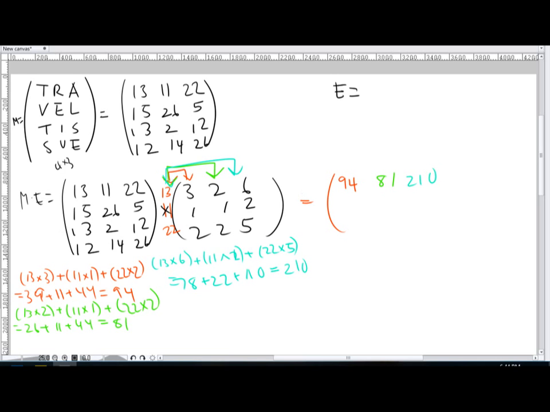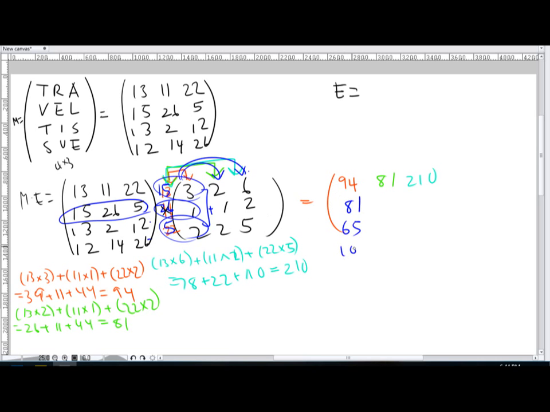Okay, so you do this again by flipping over the second row, 15, 26, 5, and then multiplying these values and adding them up, and then you do it again for the second column and the third column, and then for the third row and the fourth row. If you do all that, I'll skip to the answer.